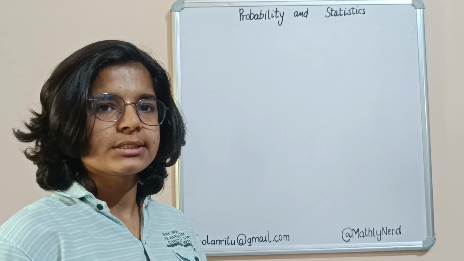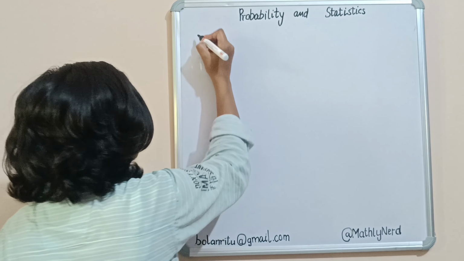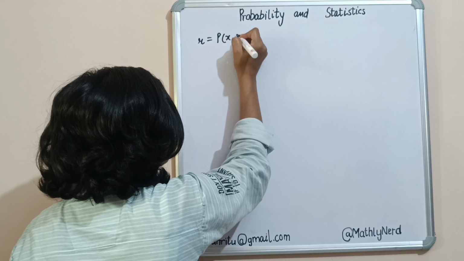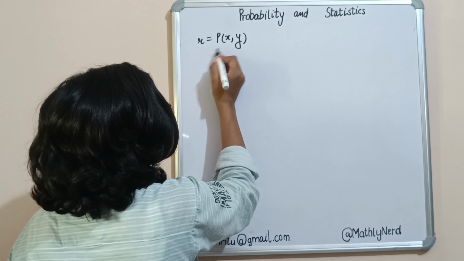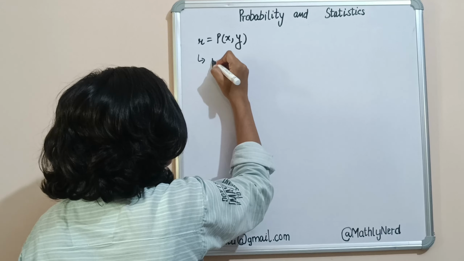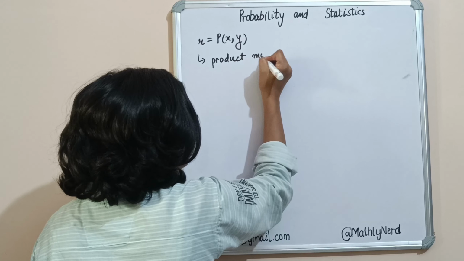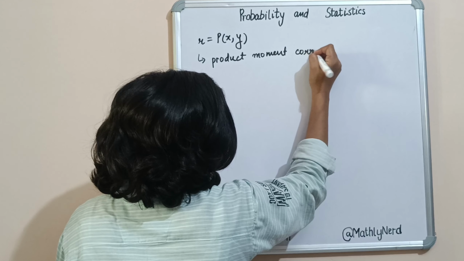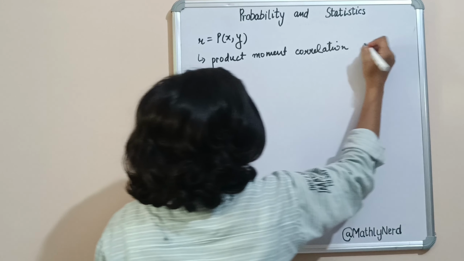Now we will discuss properties of Pearson's coefficient, which is denoted by r or ρxy. This is also called the product moment correlation coefficient.